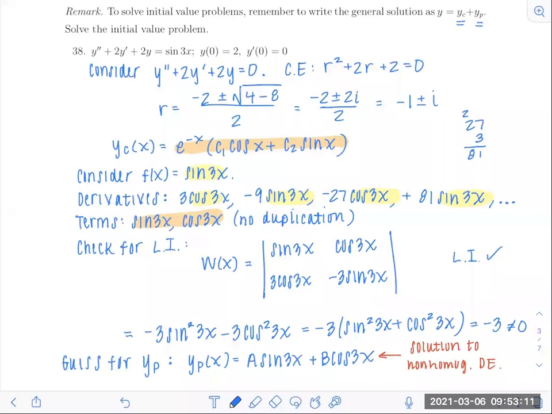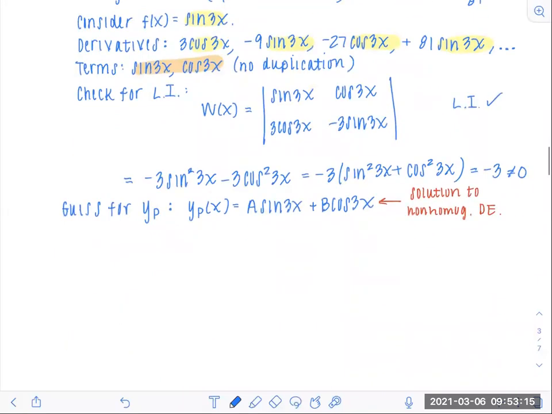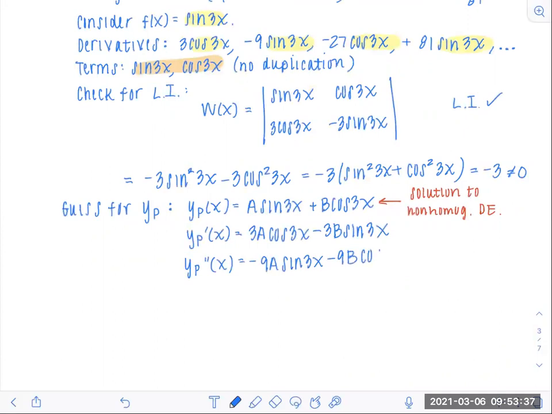So I need to compute the first and second derivatives of this particular function. So let's go ahead and do that. The first derivative here is 3a cosine 3x minus 3b sine 3x. And the second derivative is a negative 9a sine 3x minus 9b cosine 3x.